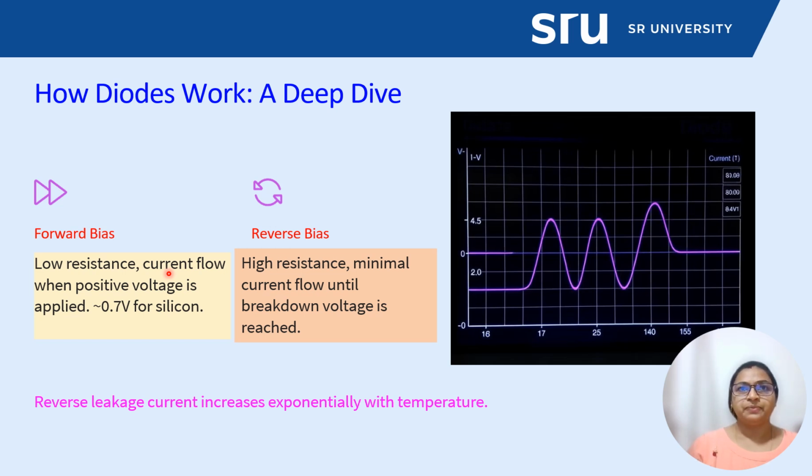So if we summarize, this PN junction diode or junction material is basically the core of most diodes. The charge-free region with a built-in potential is the depletion region.